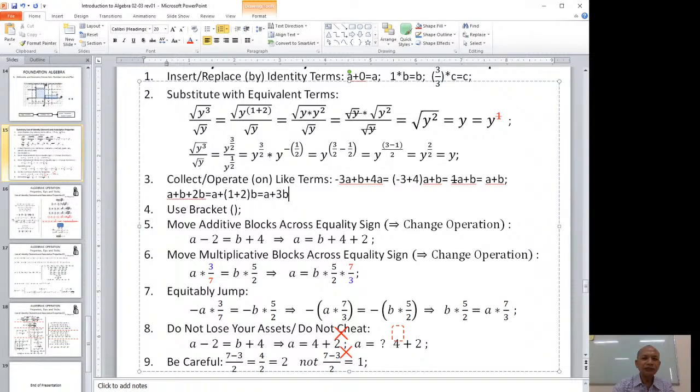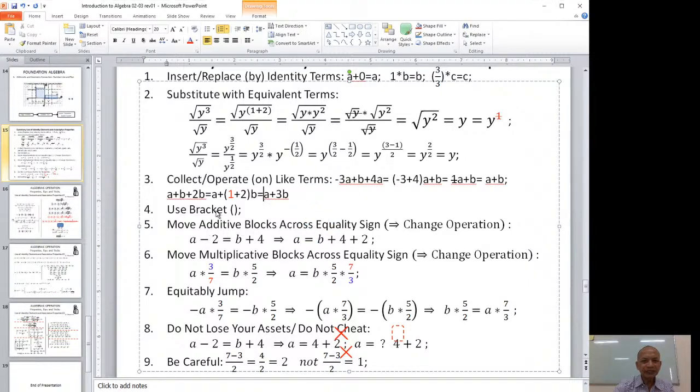In operation we can show this one, the one. But when we just write, we don't write one before the constant a or b, okay.